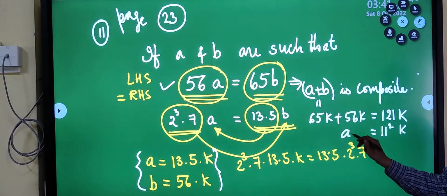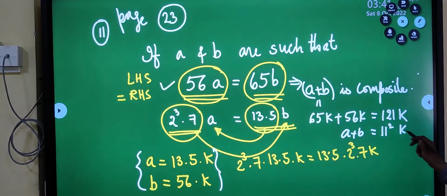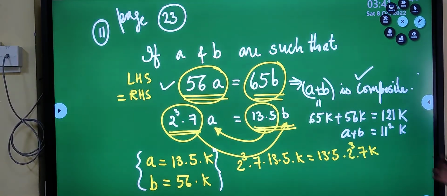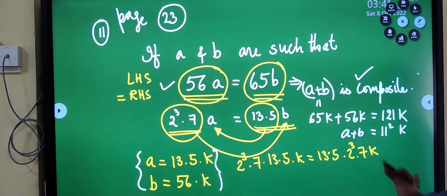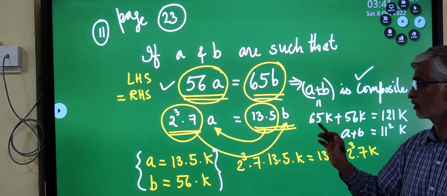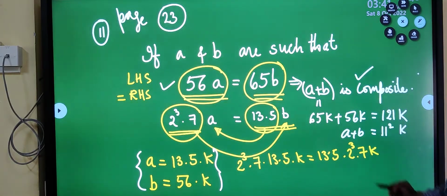So A plus B has 11 as a prime factor, which occurs twice for sure, and therefore we conclude that A plus B is composite. As you can see, this is a very nice problem from the book, and all we have done here is use the fundamental theorem of arithmetic, or the prime factorization of the number, to argue out the end answer.